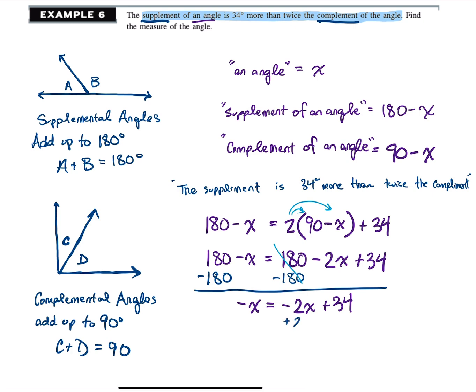I'll add it to both sides, plus 2x plus 2x. Minus x plus 2x, you can think of that as 2x minus x. So we'll have 1 left, and this equals 34. So this will be the angle that we want, because we said an angle is x. So this time we don't have to plug it in.